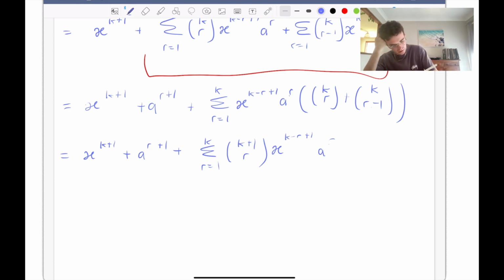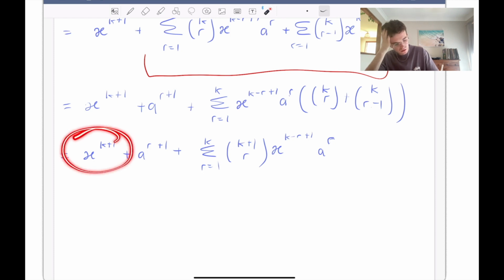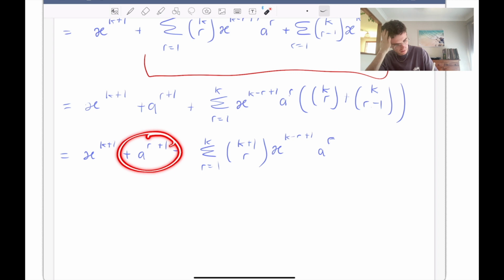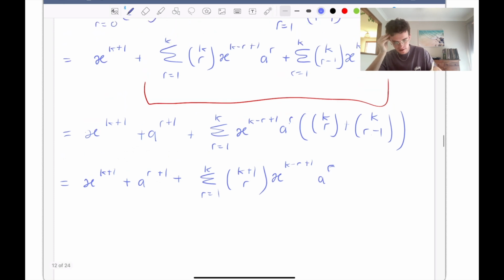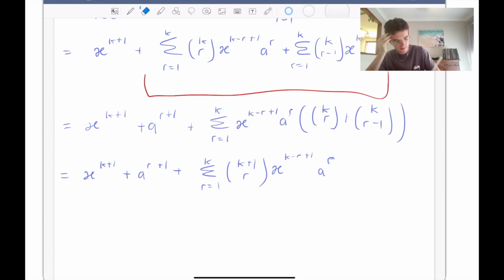However, this whole expression here, this would be still the first term, and this would be the last term. So what we can do is say that actually should be a k plus 1 up there, k plus 1, k plus 1.